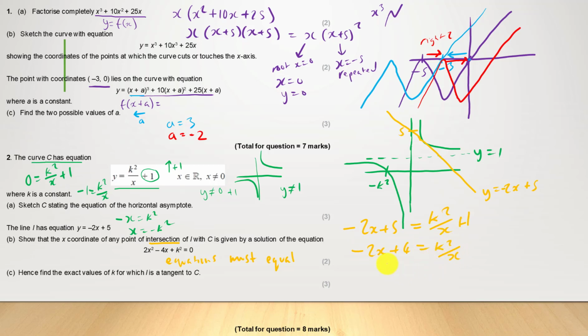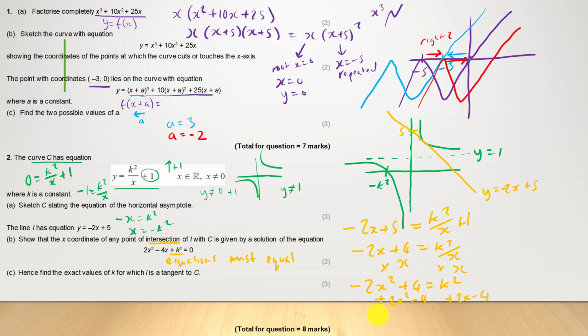Let's multiply out by x on both sides. So we're going to get minus 2x squared plus 4x equals k squared. Right, can you see in this equation we've got k squared here, so we might as well bring the 4x and the minus 2x squared to the other side. So we're going to plus 2x squared and minus 4x to both sides.